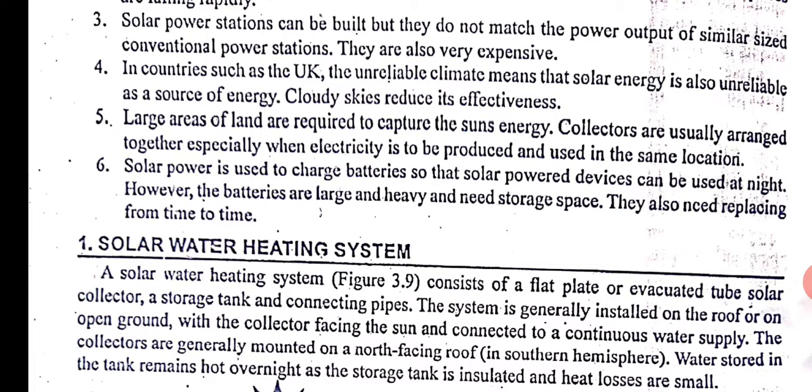That is very huge. Normally in our house we have a requirement of 3 to 4 kilowatt. So 3 to 4 kilowatt means we require 10 to 15 meter square of rooftop area to cater to our house requirement. 15 meter square is almost 150 square feet.